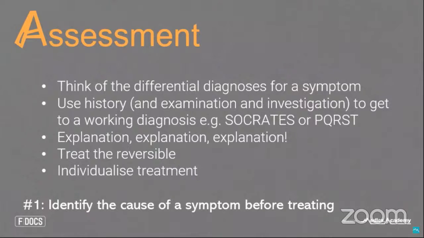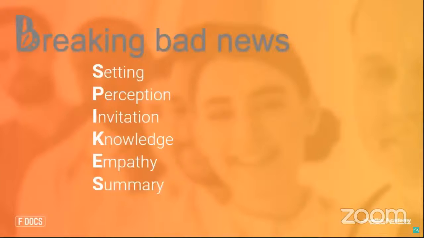PQRST is a slightly simpler version, and again can be applied to different symptoms, although primarily considered for pain assessment, with P being the precipitating and relieving factors, Q being the quality, R being the radiation, S being severity, and T being timing. And doing this will allow us to individualize care for our patients.